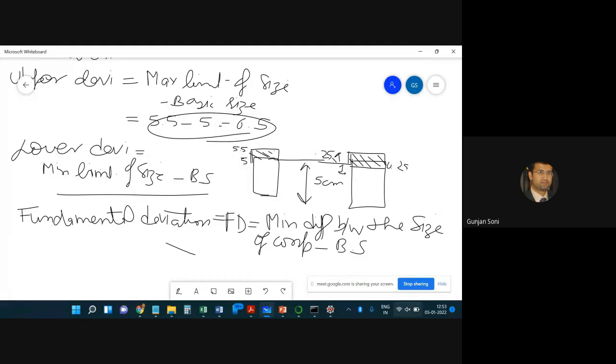So if I say for a shaft, upper deviation is the fundamental deviation, how will we see the minimum difference in size? For that we need to know whether the upper value is smaller or the lower.